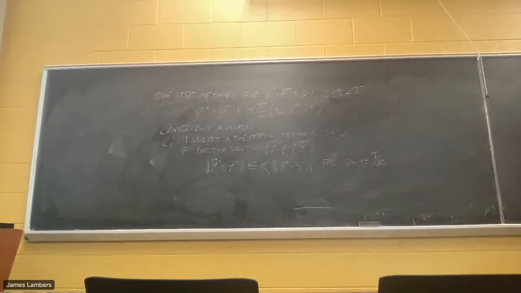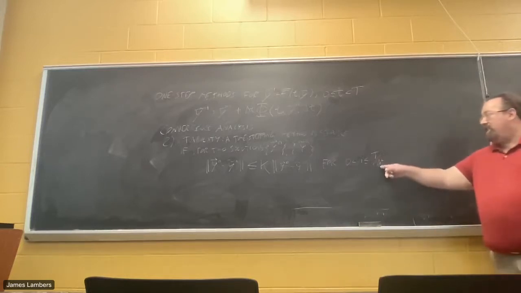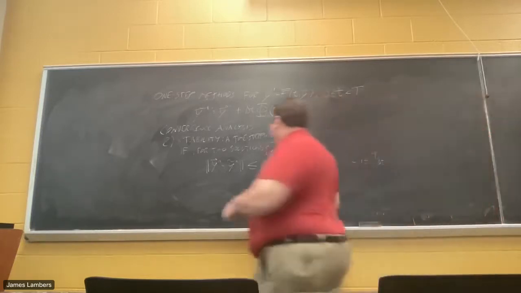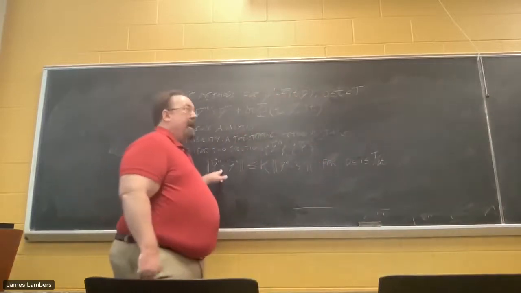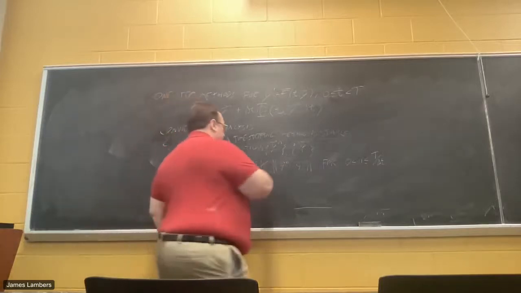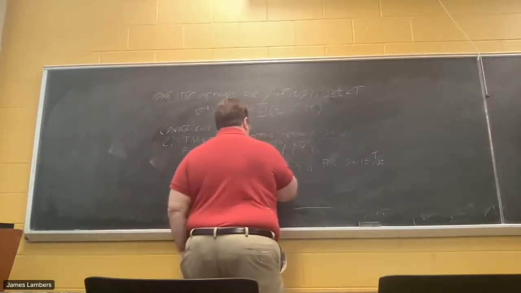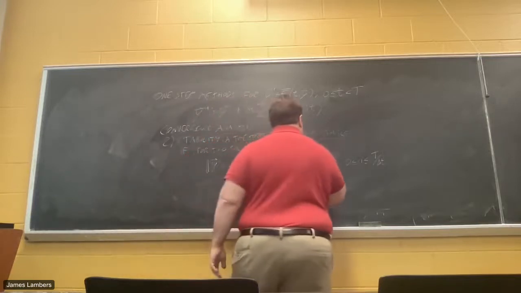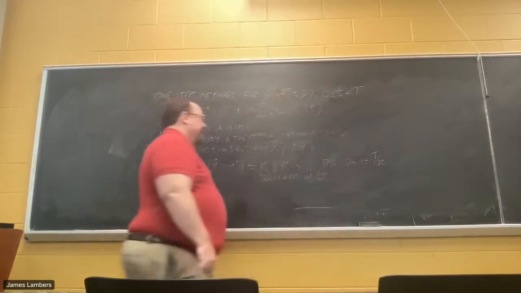So the difference between your computed solution at any time step, however many time steps you take to get to capital T, and keep in mind, as delta t goes to 0, the number of time steps you're taking is going to infinity. But across however many time steps you have, the difference between solutions can be bounded in terms of the difference in your initial data. And its constant K must be independent of your time step delta t.